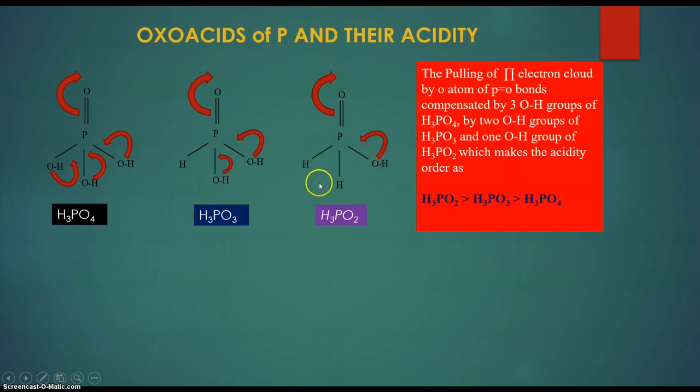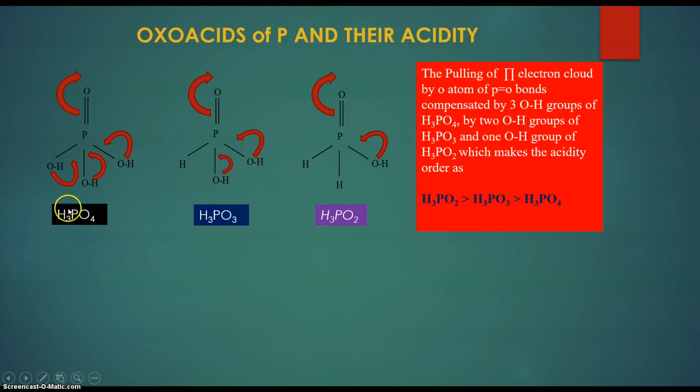Now as we can see over here, in H3PO2 there is only one OH group, and that's why it is experiencing the entire pulling effect, that means 100% pulling effect of the P=O bond, and that's why the hydrogen atom is easily eliminated, showing maximum acidity. In case of H3PO3, where there are two OH groups, each OH group is getting 50% of this pulling effect of the P=O bond, and hence the chance of elimination of this hydrogen from this compound is a little less than H3PO2.